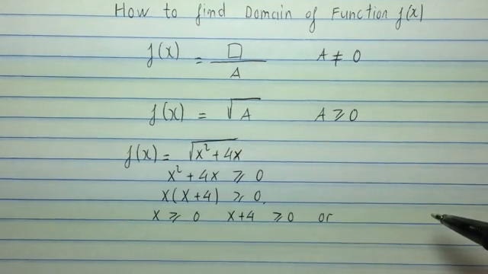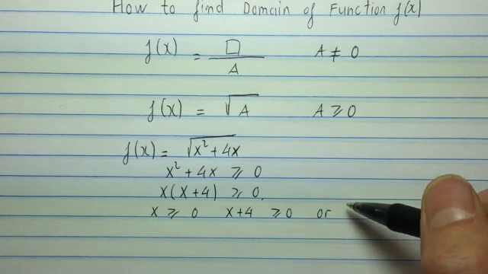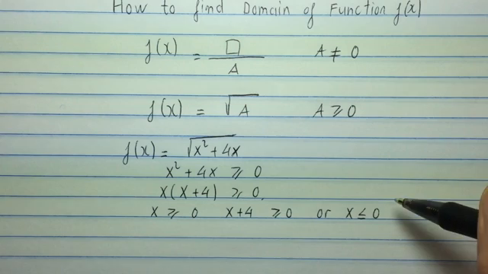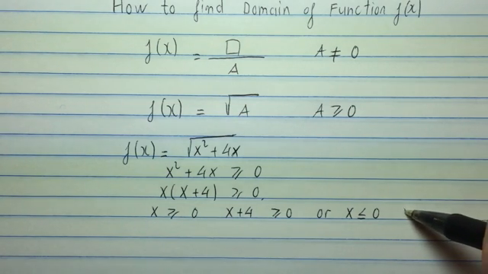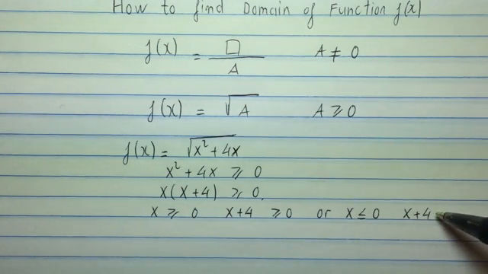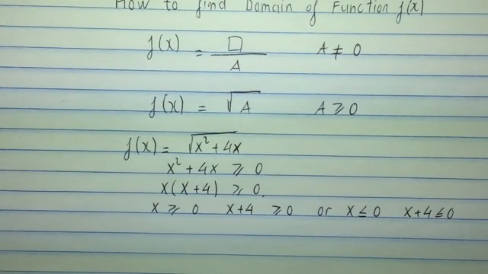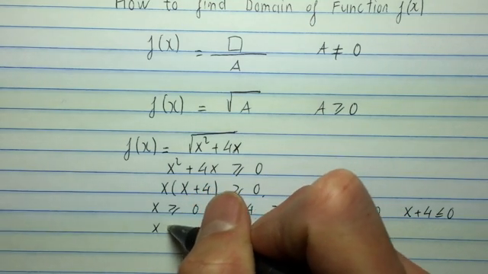Or x less than or equal to 0 and x plus 4 less than or equal to 0, because two negative numbers times each other always become positive.